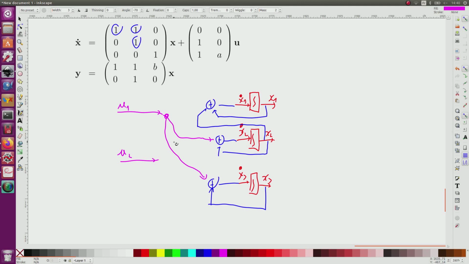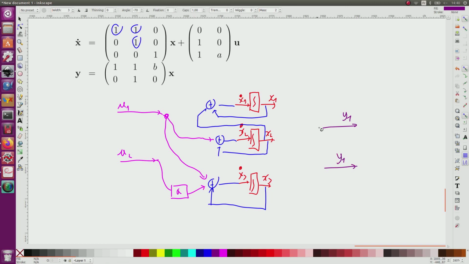And now for u2, it will be involved only for x3. So here I have an integrator in A, and I go to this sum. Now for the output, I have 2 outputs, which correspond to y1, y2.